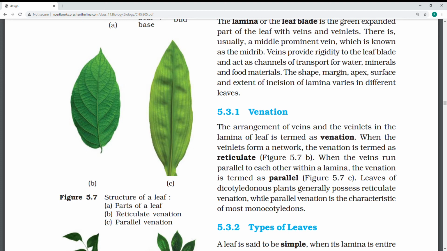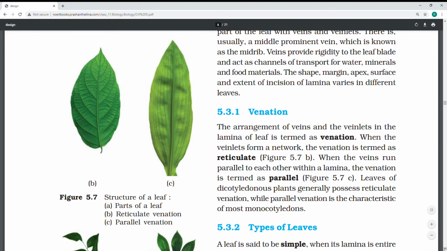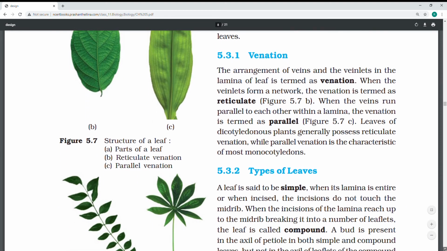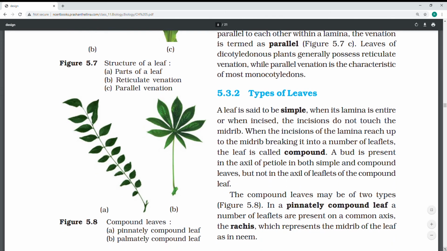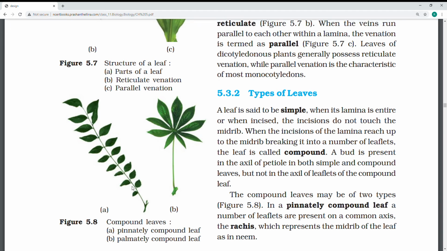to types of leaves. When it is a single leaf, it is a simple leaf, where the lamina is entire, and a compound leaf is like the leaf which I have shown earlier. That is a simple leaf, the Karipata leaf, and these leaves are compound leaves. Depending on these, we have pinnately compound and palmately compound.